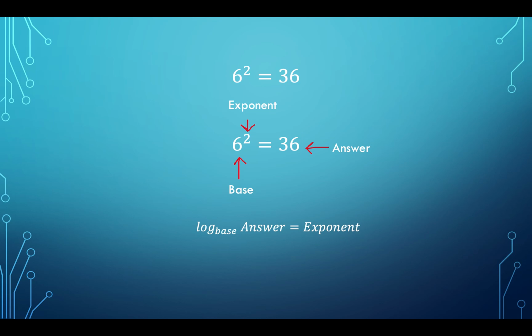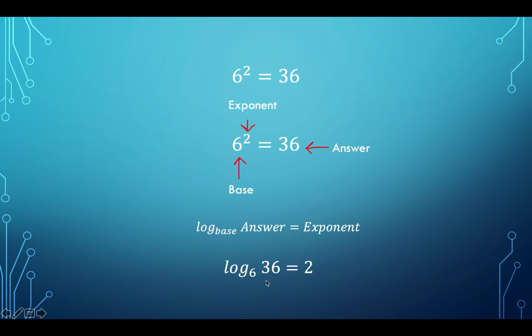So log form is log, and then in tiny font, it's going to be base. And then in big font again, it's going to be our answer is equal to our exponent. So now we just go ahead and plug into that formula. So log base 6, 36 is equal to 2. Our base is 6, so we put 6 down in here.